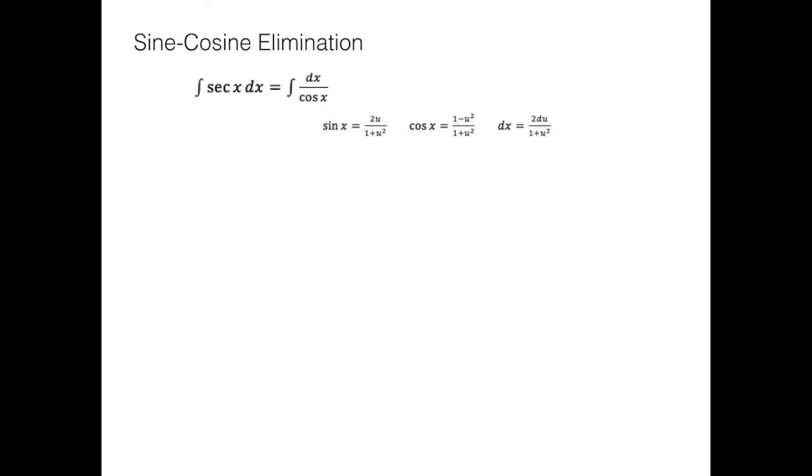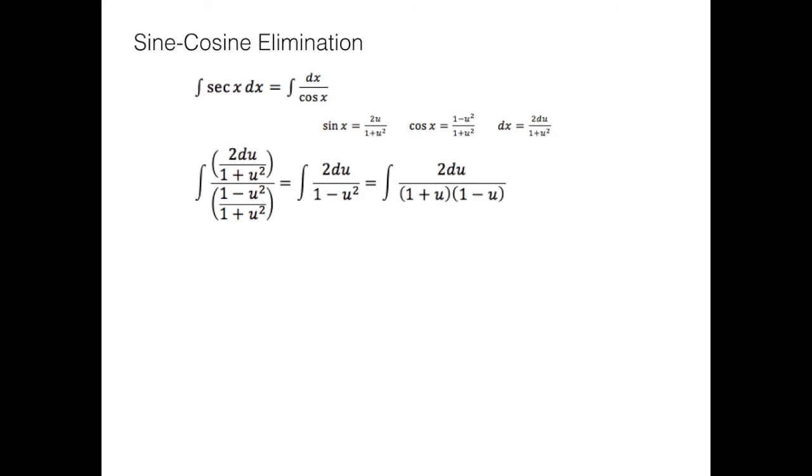So as a reminder, these are the three main identities that we found in the previous slide. So clearly we can apply the one for cosine x and the one for dx. So using these substitutions, we can set this integration as the integration of 2 du over 1 plus u squared, all over 1 minus u squared over 1 plus u squared.